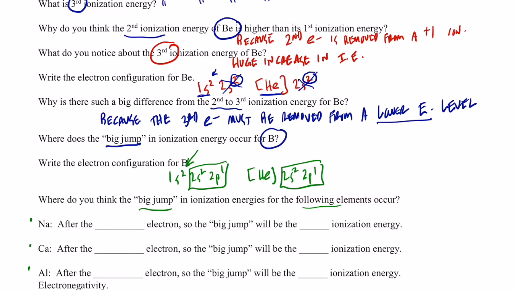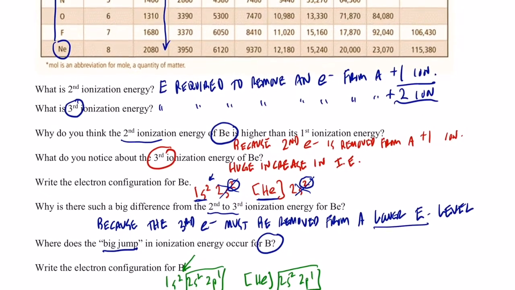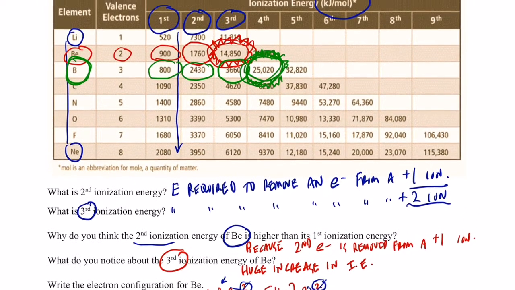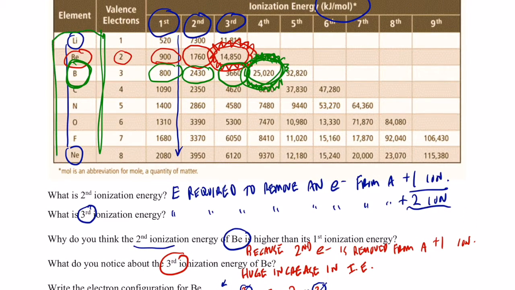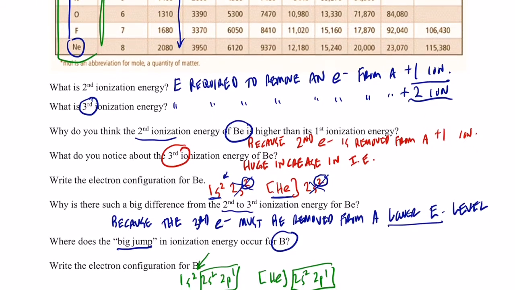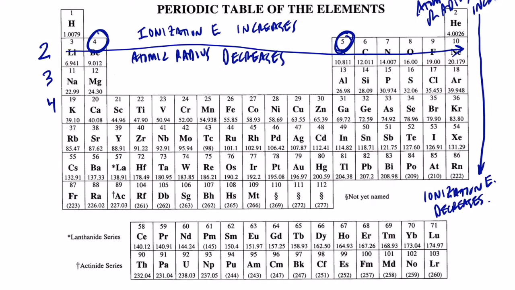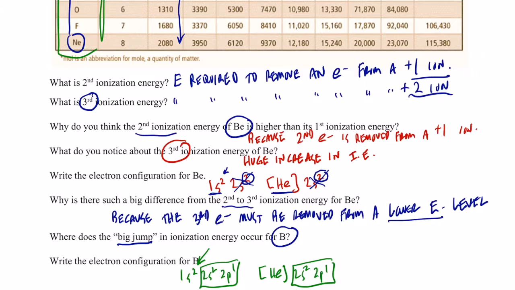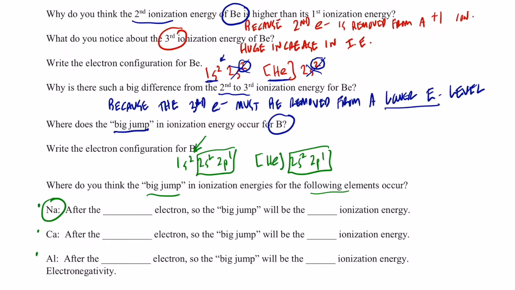Alright, welcome back. Let's take a look at sodium first. Sodium is not on this chart, so we can't cheat and find sodium here. So we're going to have to go to our periodic tables, kiddos. And here is sodium right here in the periodic table. Its electron configuration is neon 3s1. So it looks like I can take away one electron pretty easily.